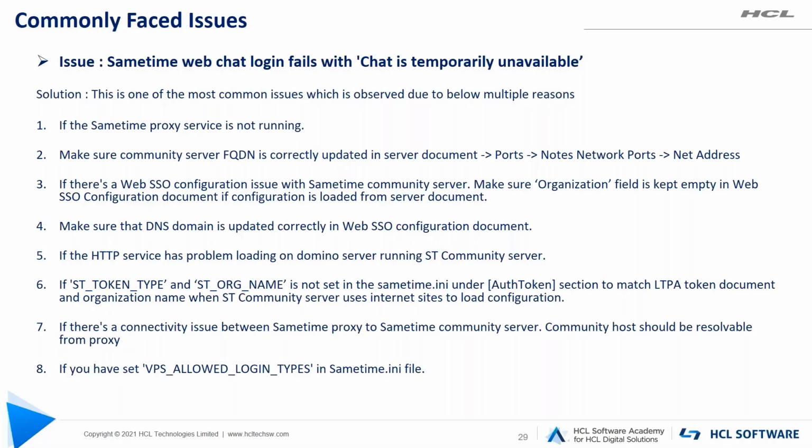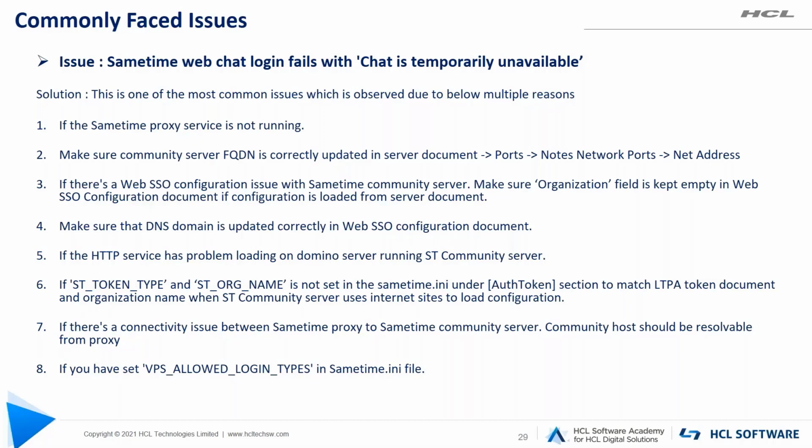After doing that, if you are still noticing the error, look at the WebSSO configuration. As Sandeep mentioned in one of the earlier slides, you can load the configuration either from the server document or from Internet Sites. If you are loading your configuration from the server document, make sure that your organization field is kept empty. If it has a value, it may not work properly and you will run into problems.